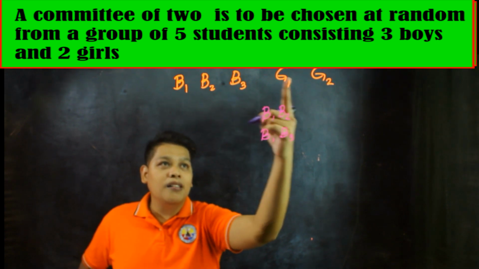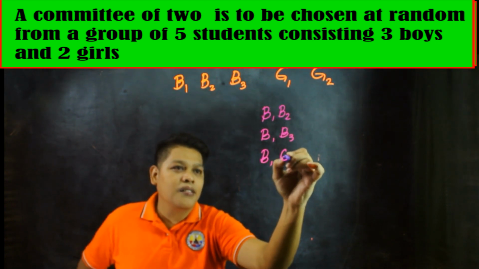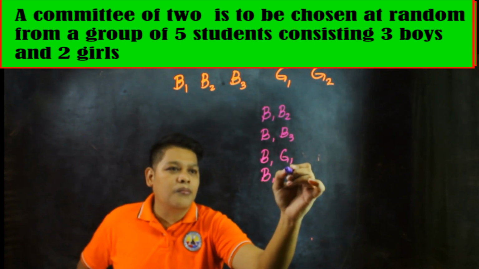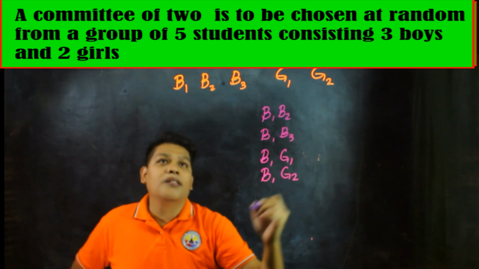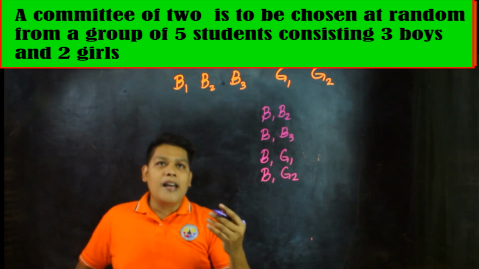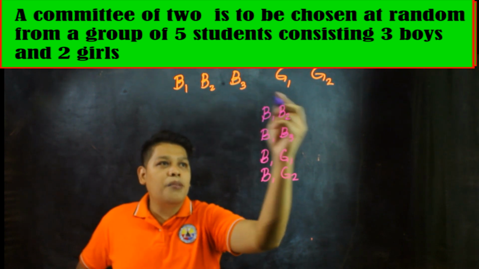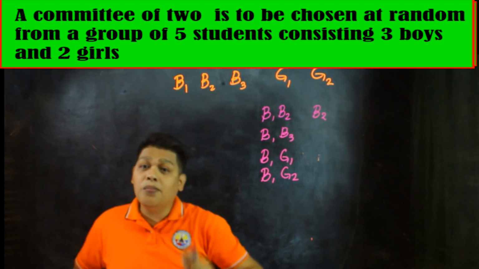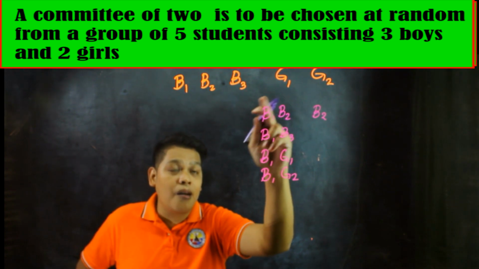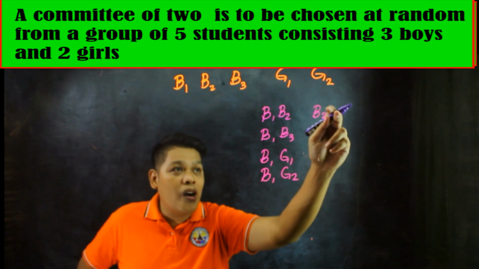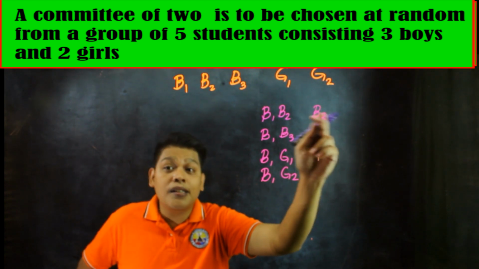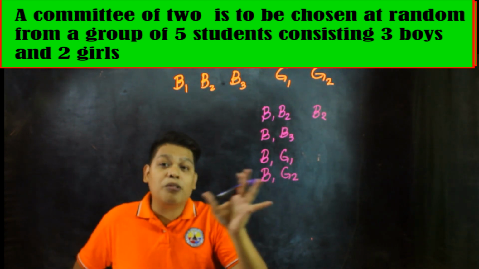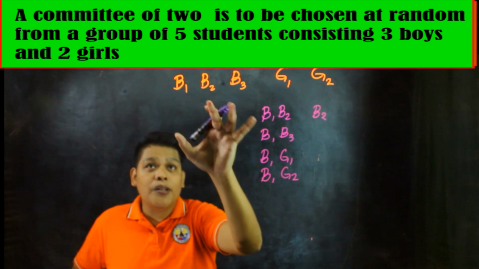Then boy number 1 and girl number 1, and then boy number 1 and girl number 2. Then next is boy number 2. I will not choose boy number 1 because we already have the outcome of boy number 1 and boy number 2. It is the same as boy number 2 and boy number 1, so I will not write it again.